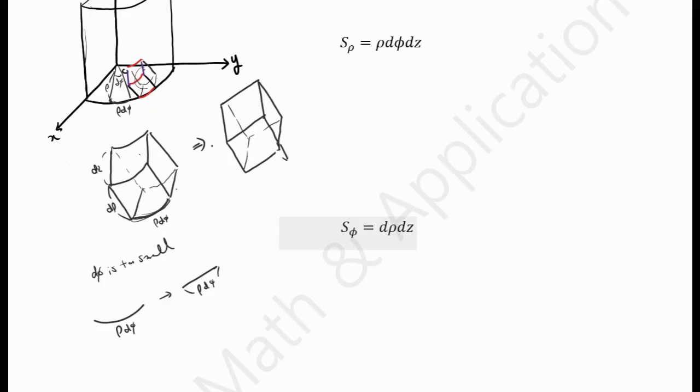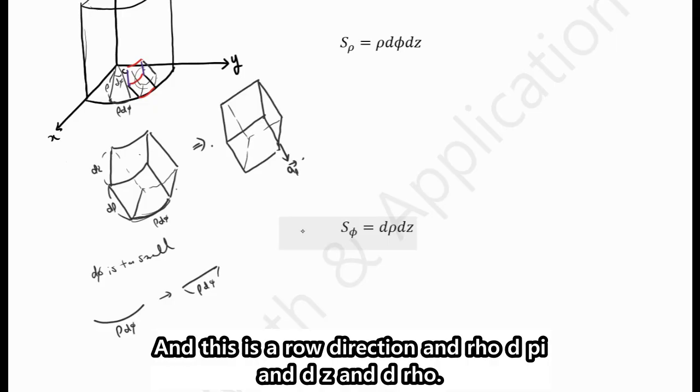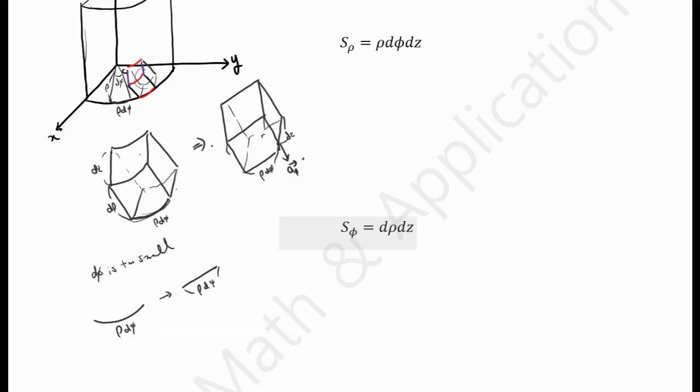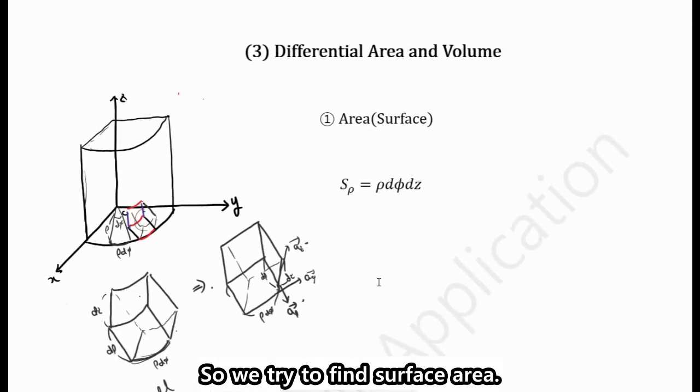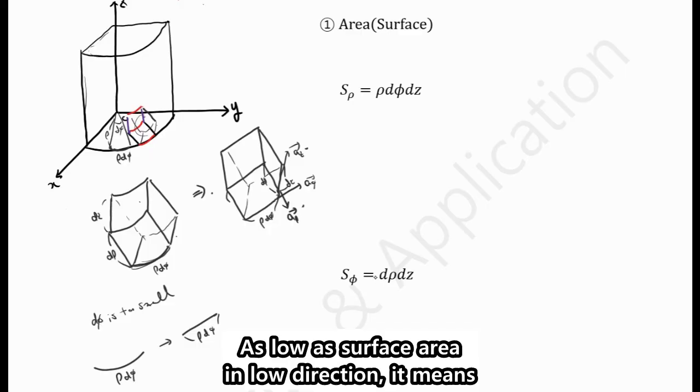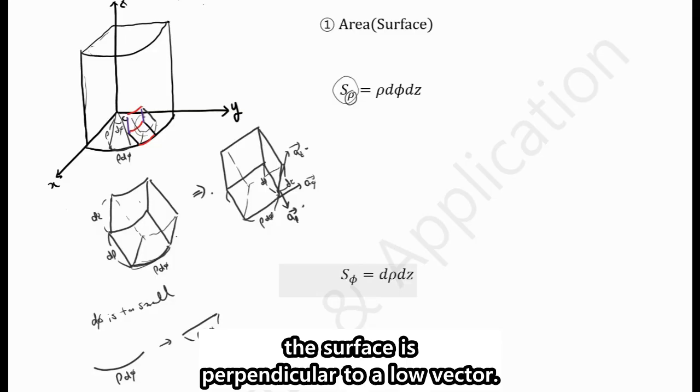This is the rho direction, and rho d phi and dz. This is the phi direction, this is the az direction. So we try to find the surface area. The surface area in the rho direction means the surface is perpendicular to the a rho vector.